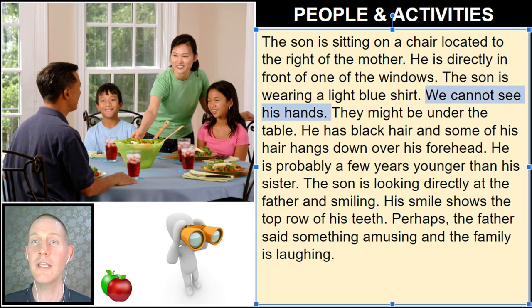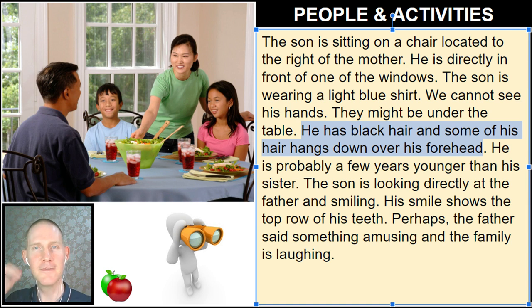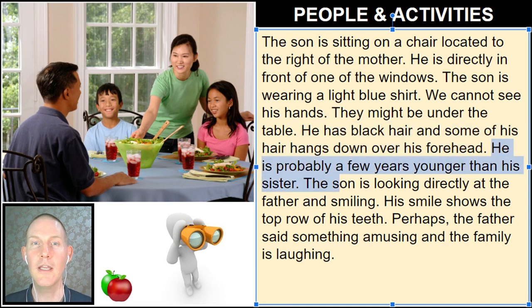We cannot see his hands. They might be under the table. He has black hair and some of his hair hangs down over his forehead. He is probably a few years younger than his sister.